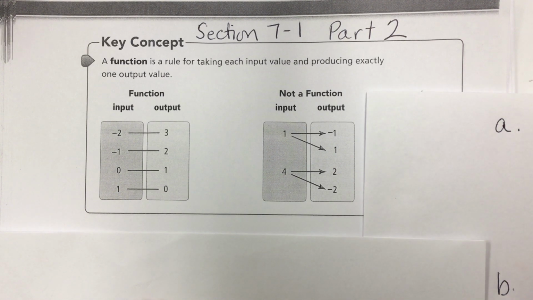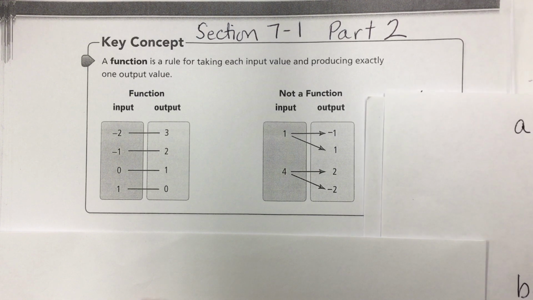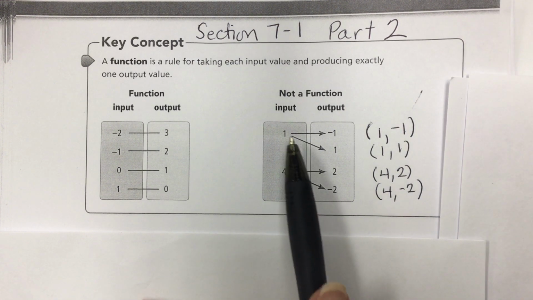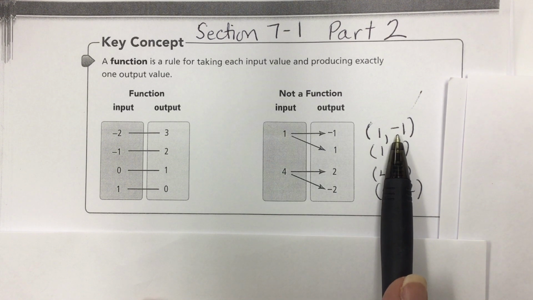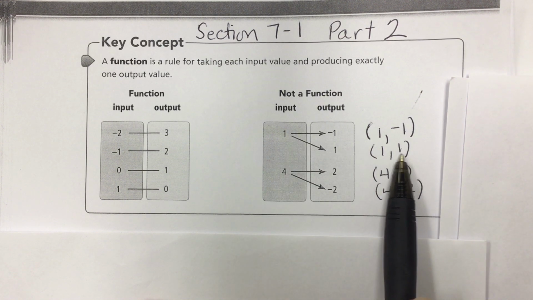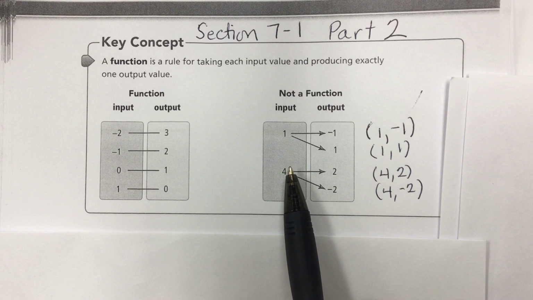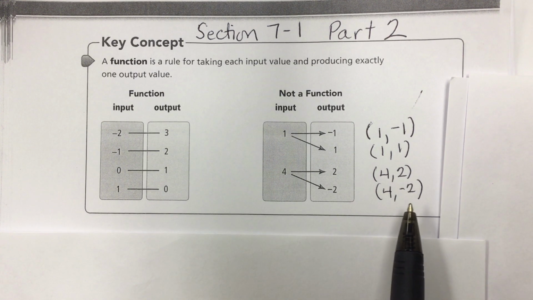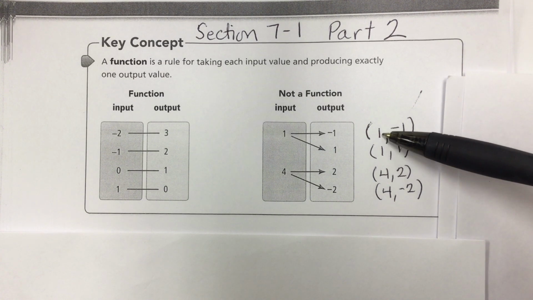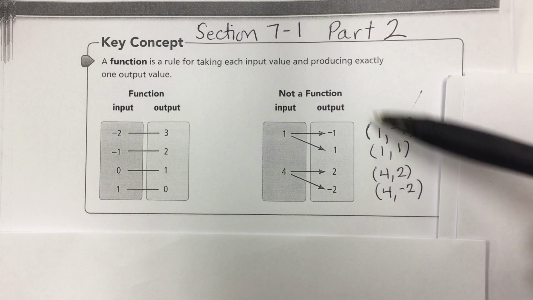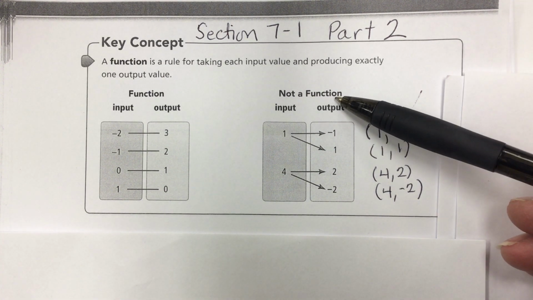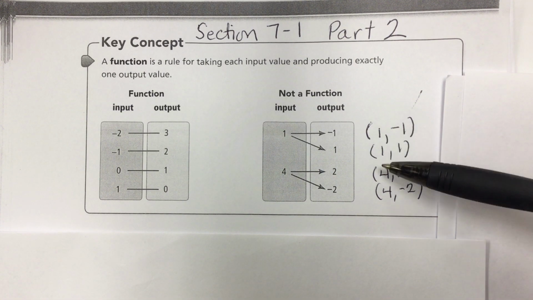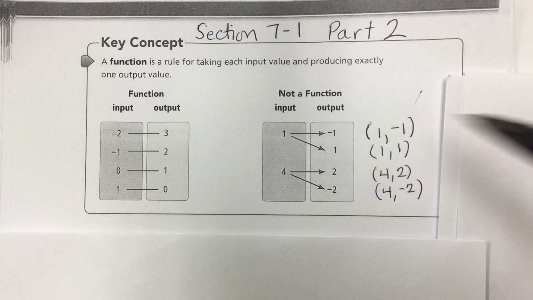So if we were to write out the ordered pairs from this relation, I would have (1, -1), (1, +1), (4, 2), and (4, -2). You see, if the x's repeat, it is not a function. So here, with the ones repeating, this is not a function.